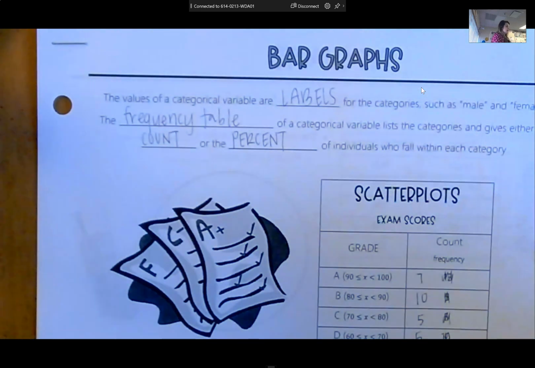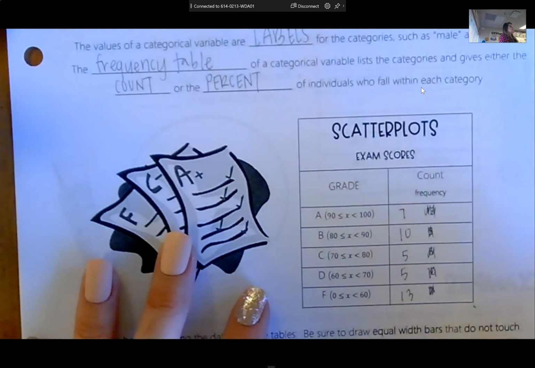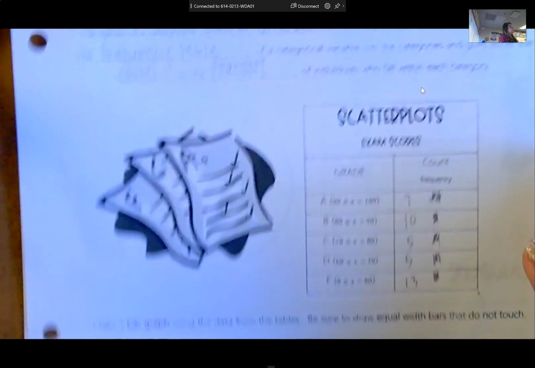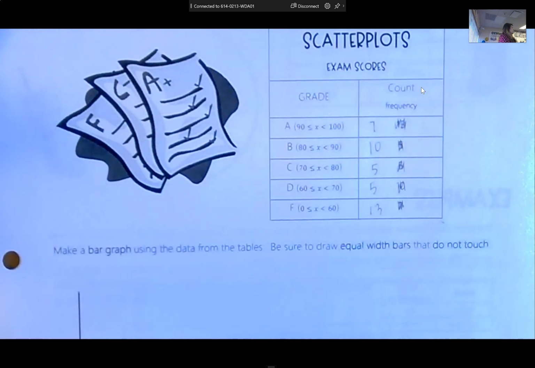So for us, it's a count. And notice underneath that here, I also wrote frequency. So how many? We had, what, 22 that were C or higher, 18 that were D or lower.